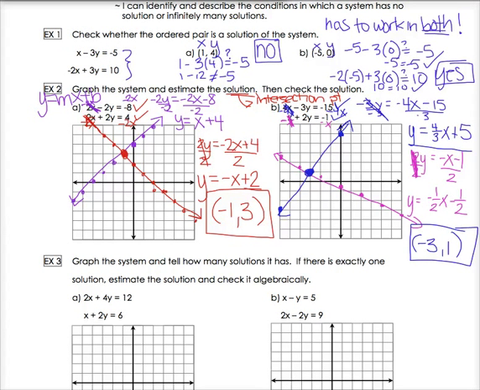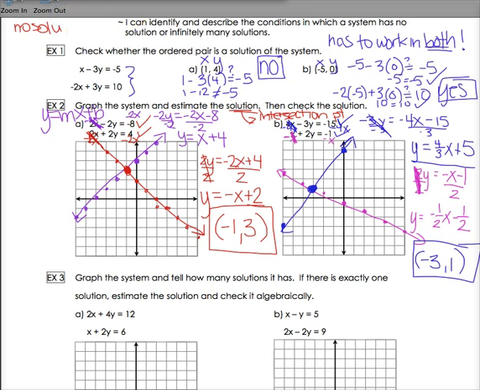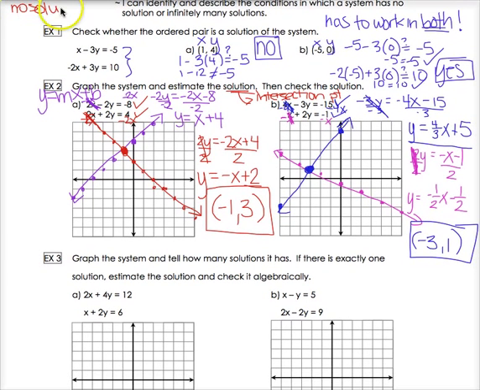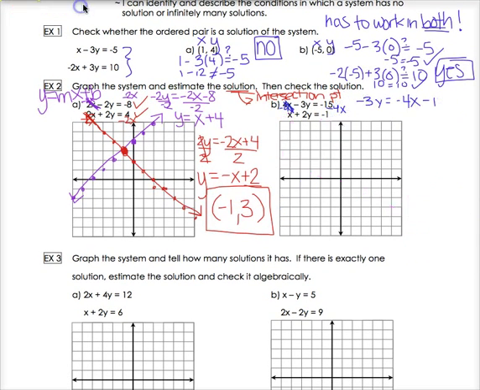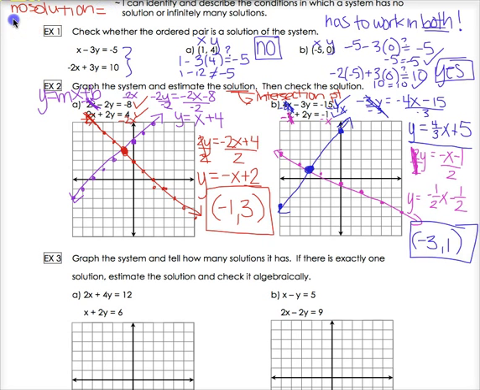So, the no solution. If our solution is represented by an intersection point, the types of systems that are going to have no solution is when there is no intersection point. So no solution means no intersection.